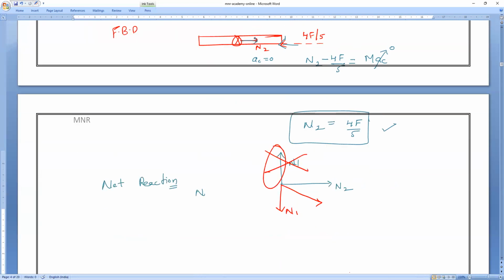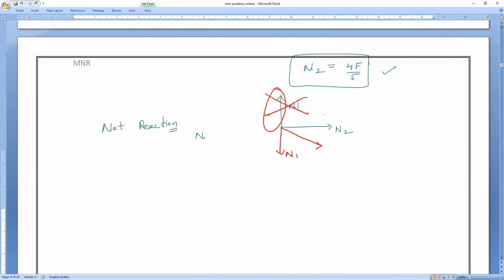Am I right or wrong, everybody? Yes, sir. So N2 is 4F divided by 5, N1 is 3F divided by 5.